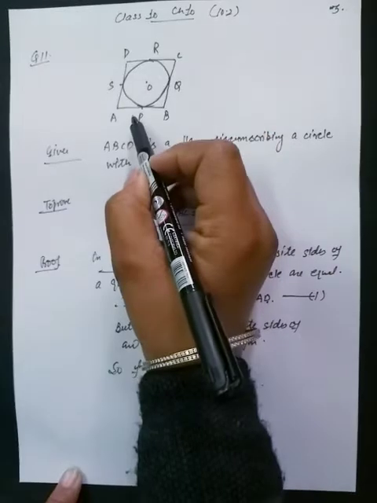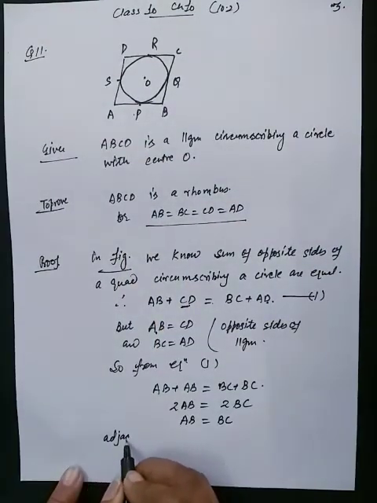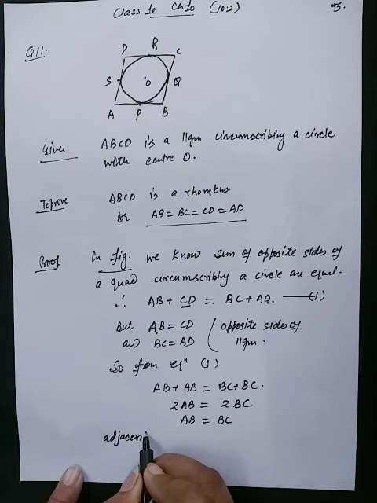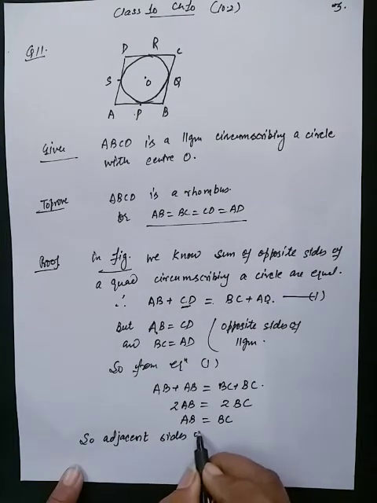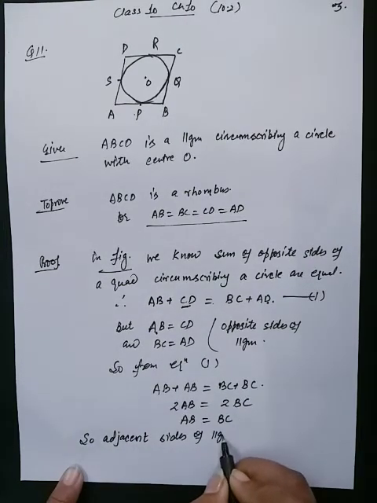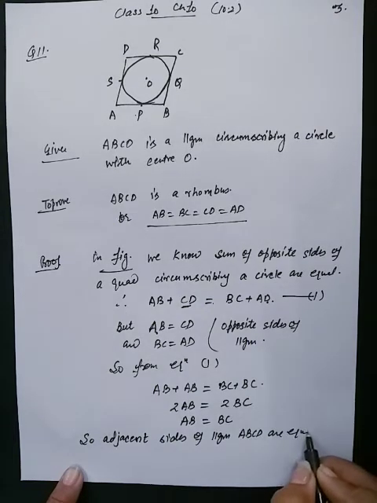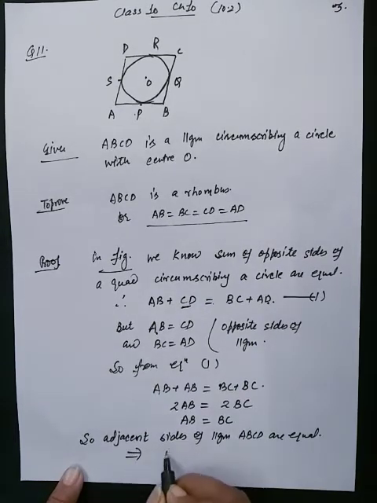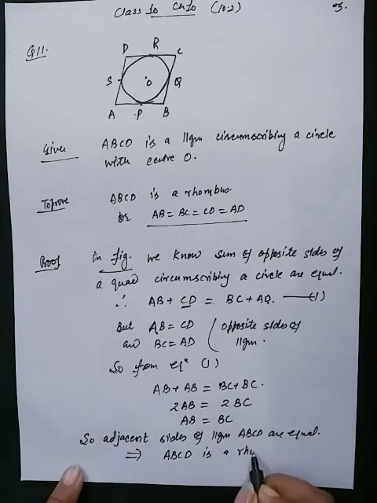So in the figure, adjacent sides of parallelogram ABCD are equal. So this gives ABCD is a rhombus.